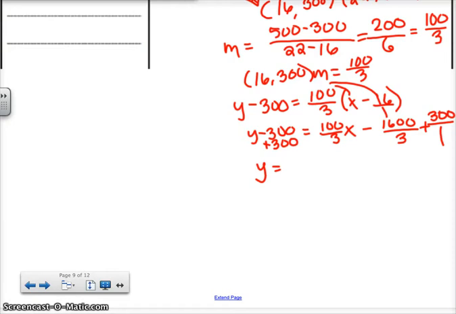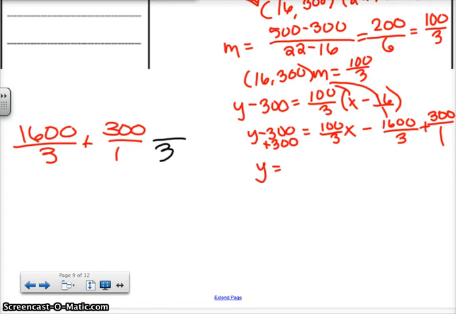I want to just do this on the side, 1600 over 3 plus 300 over 1. I want a common denominator of 3. In order to add them, I have to have a common denominator. That would turn this into 900. So now I got 1600 plus 900, 2500.